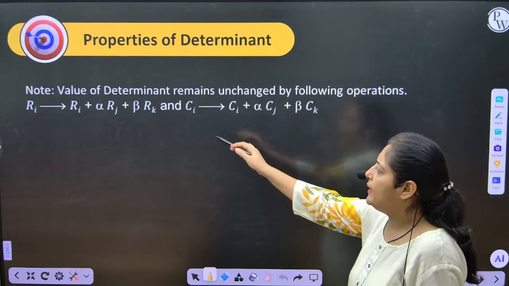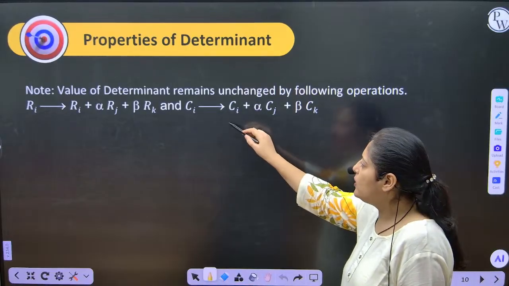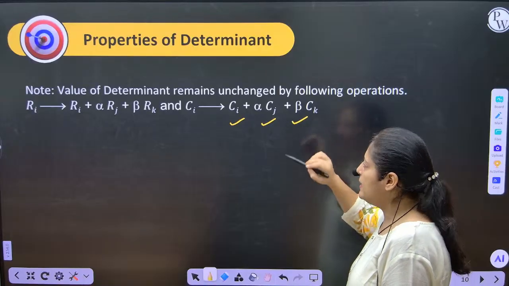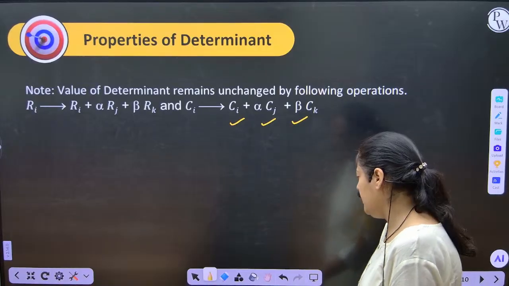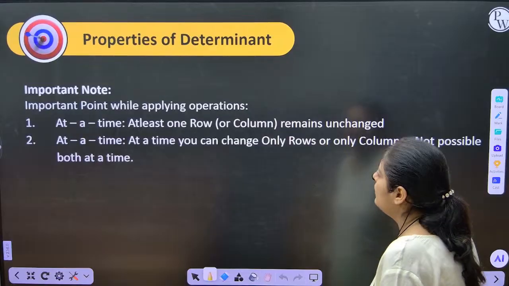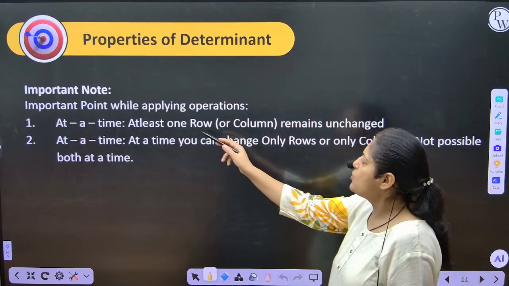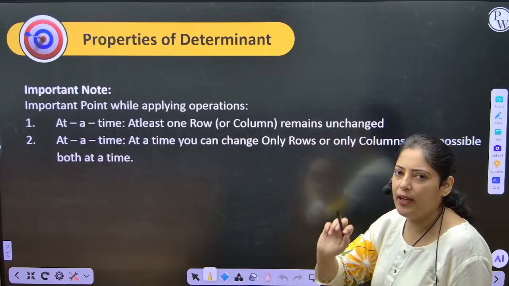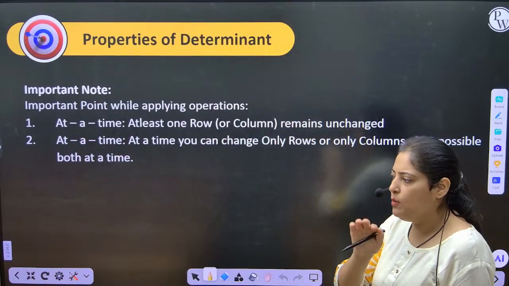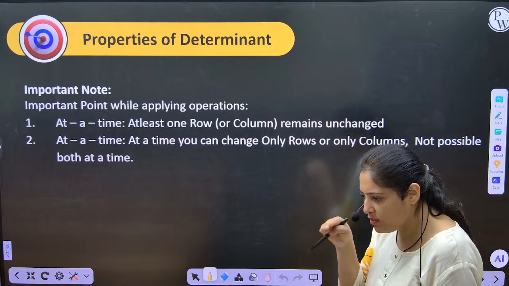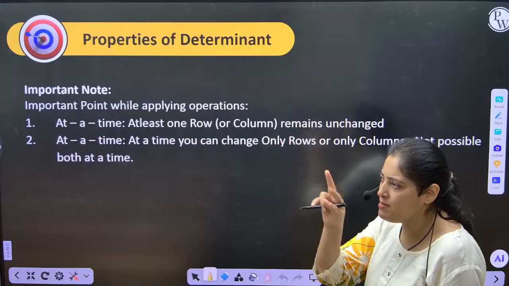Similarly it can happen with any column also. Any column can be changed with alpha times a column, plus beta times another third column. At a time at least one row remains unchanged. In one step, don't change all the 3 rows; you can change maximum 2 rows only.